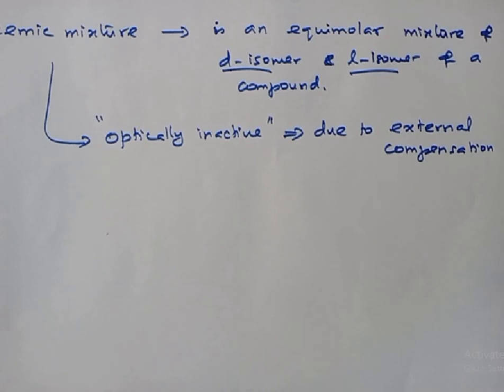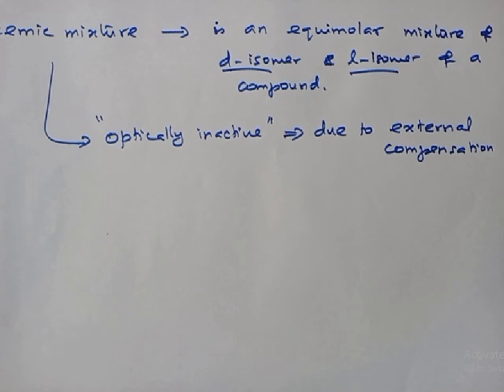Okay, so what is racemic mixture? Another question. Any idea? Yeah, Tejasvi. Racemic mixture is a mixture in which equimolar D isomer and L isomer are present.